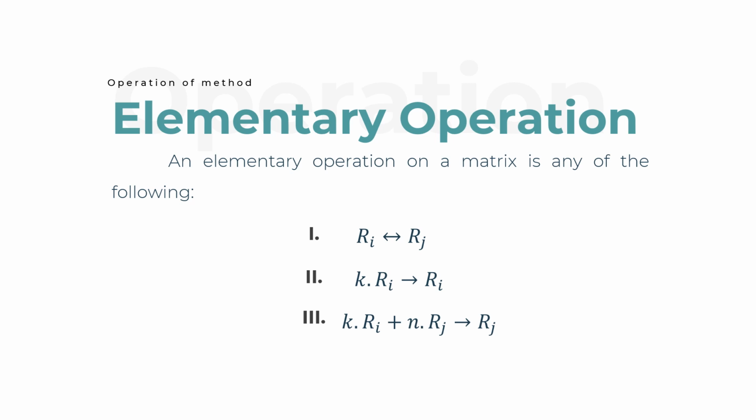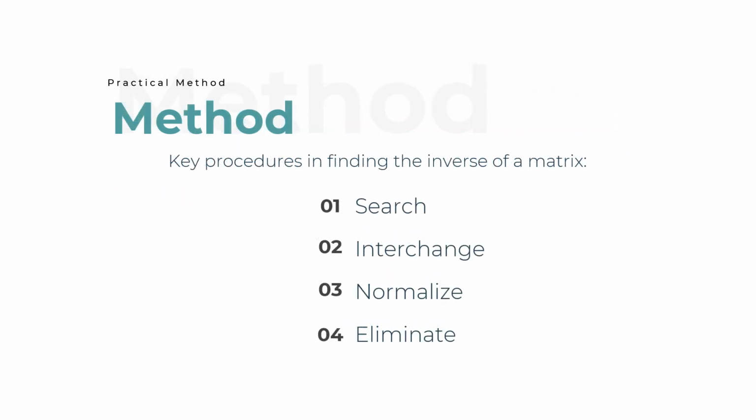The second type, we can multiply a row by a non-zero number. And the third type, we can add or subtract a multiplied row to another row. Later on, we will apply these elementary operations to calculate the inverse of a matrix for you to better understand how they work. Let's proceed to the practical method of finding the inverse of a matrix.